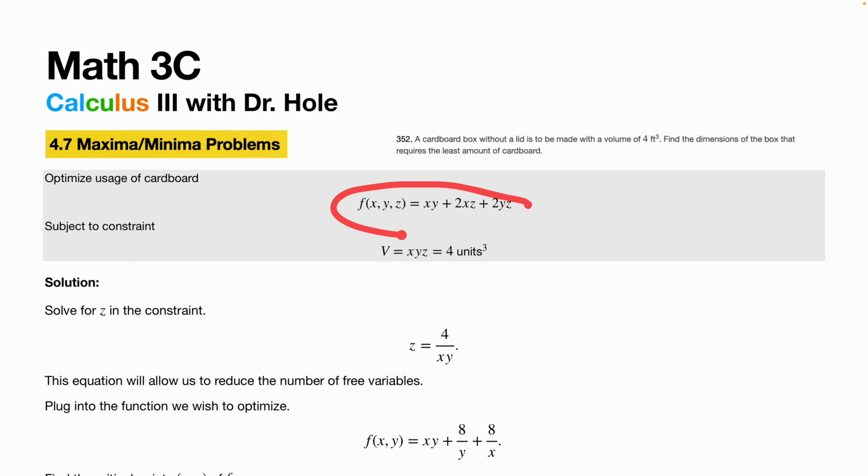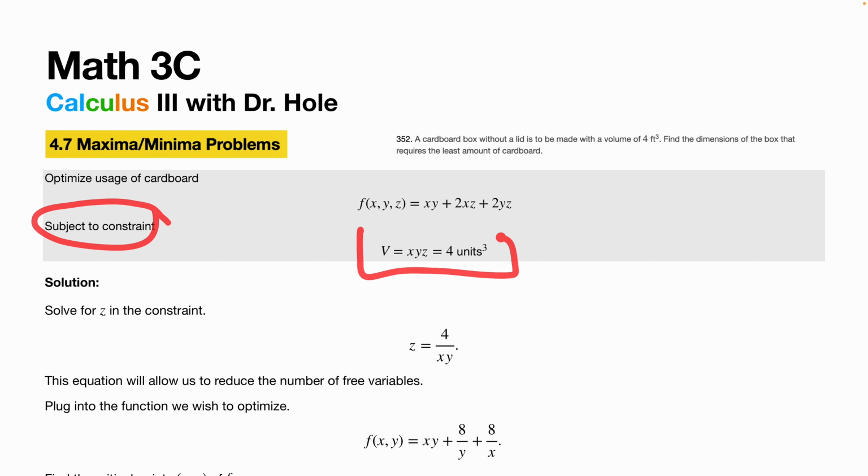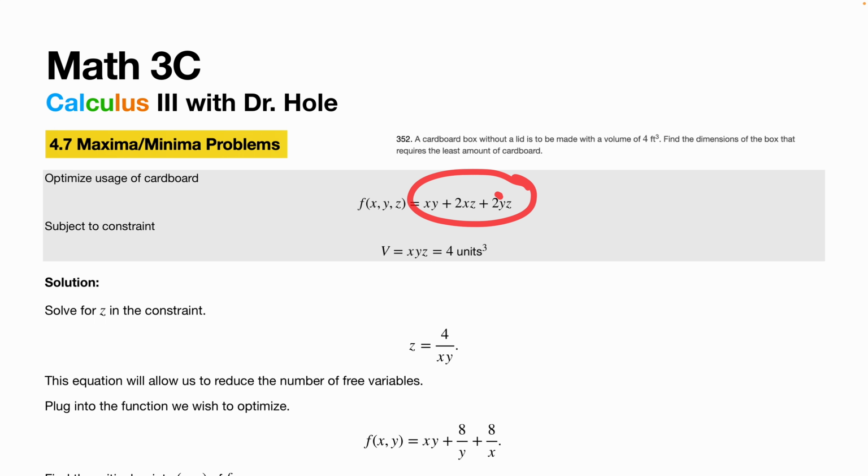So here is the surface area of that cardboard, and we have the constraint that the volume must be 4 cubic units. So if we let x be the base, y be the width, z be the height, then this would be the surface area, and then this is the volume.